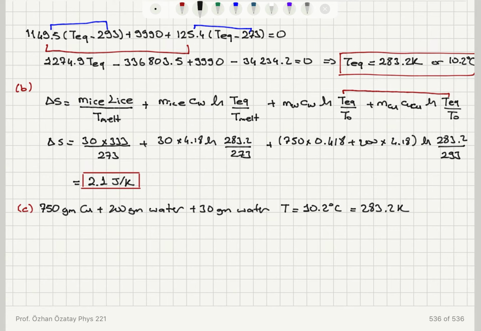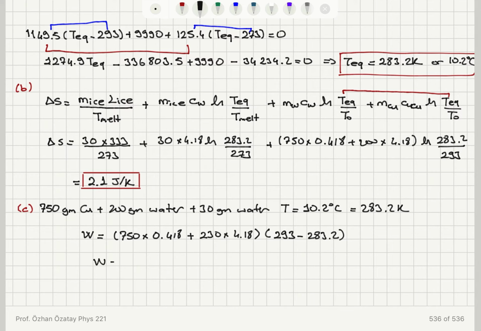So the amount of energy I have to provide in the form of work will be equal to 750 grams times specific heat of copper, 0.418, plus 230 grams of water, specific heat of water 4.18, multiplied with delta T, 293 is where I want to reach, starting from 283.2.